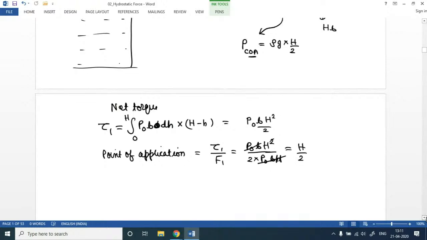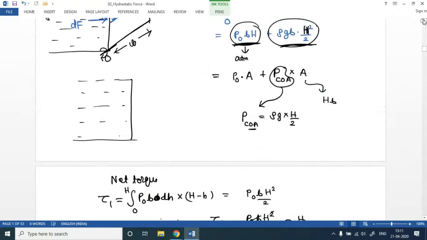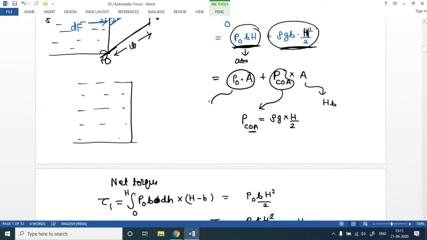If we say this term is F1 and this term is F2, the point of application of F1 is going to be here. So this is F1, and that would be at height h by 2 from the bottom.